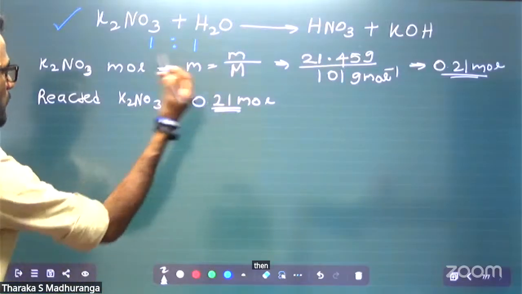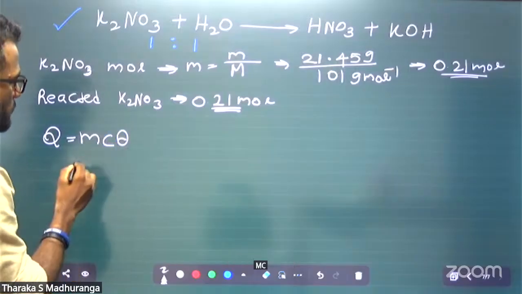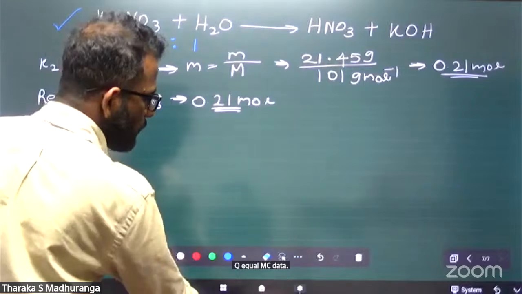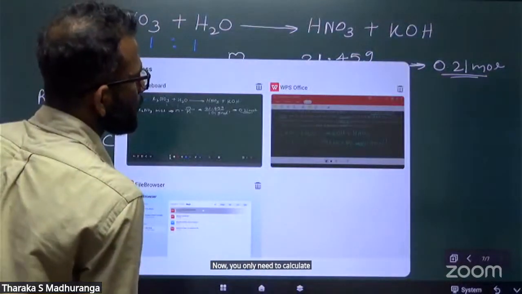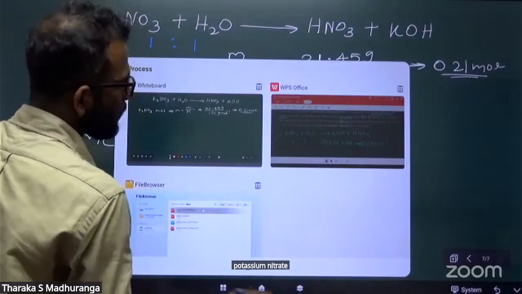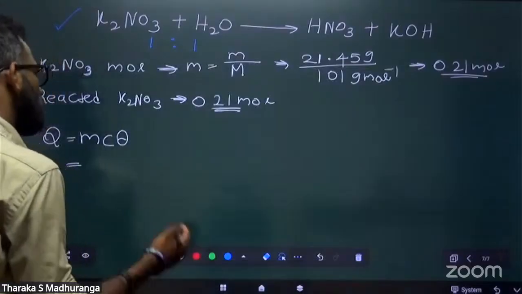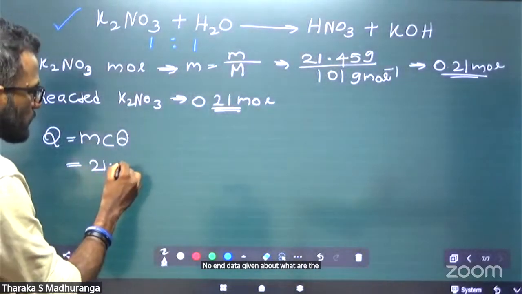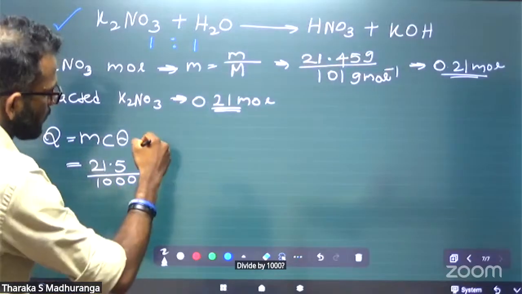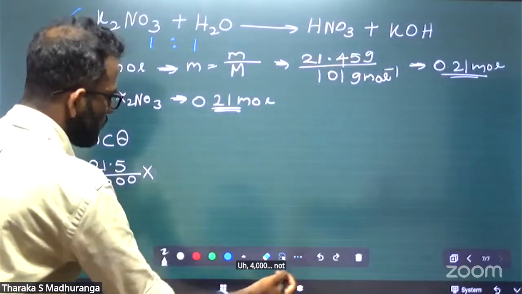Then Q equals m c theta. Now you only need to calculate the quantity of heat for potassium nitrate. Water mass is not given. No data given about water. Then 21.5 divided by 1000, and 4,000, not 4,200.